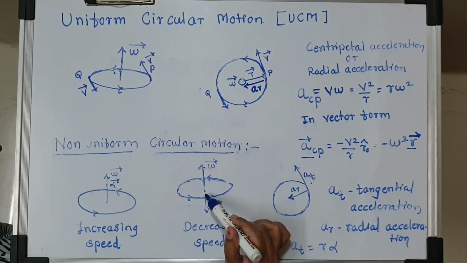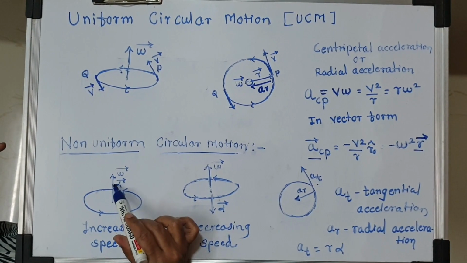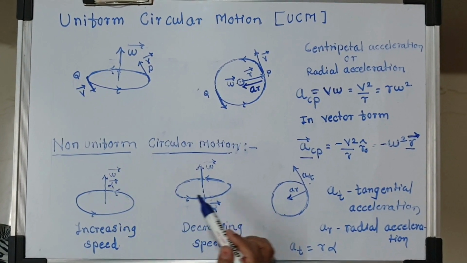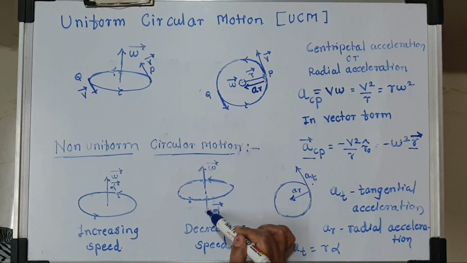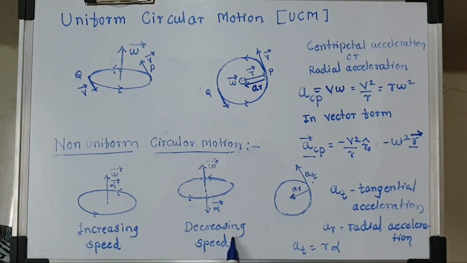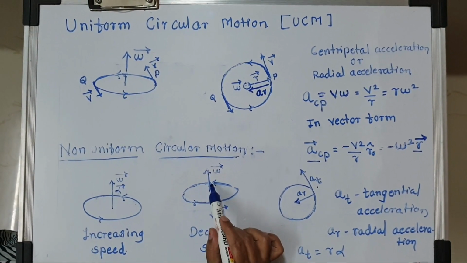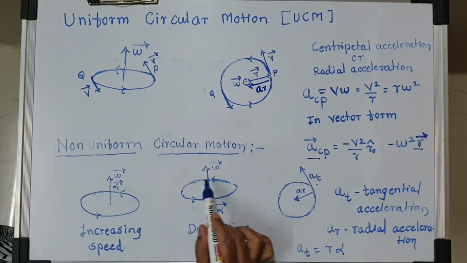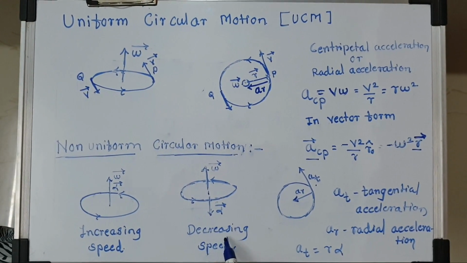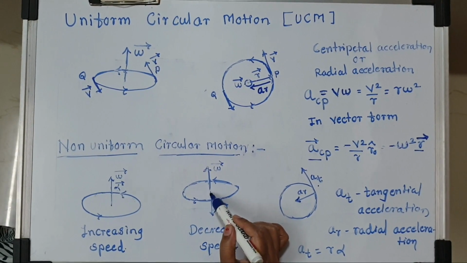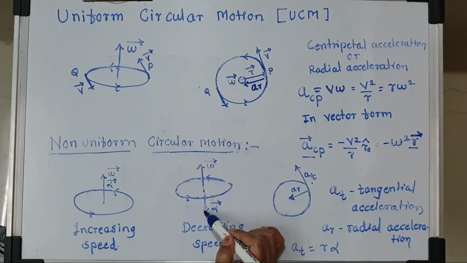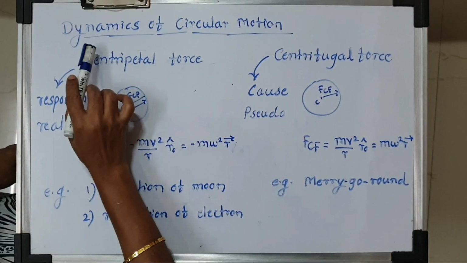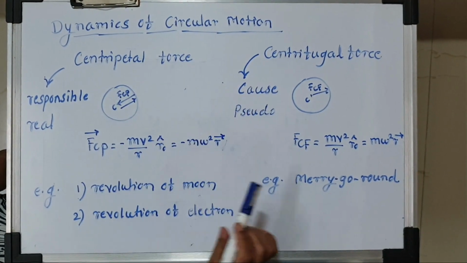So acceleration is either in the direction of the angular velocity or opposite to the velocity. Here speed is decreasing even though motion is along the same direction. In both figures motion is along the same direction, but here speed is decreasing, that's why angular acceleration is opposite. Now we have to see the dynamics of circular motion.